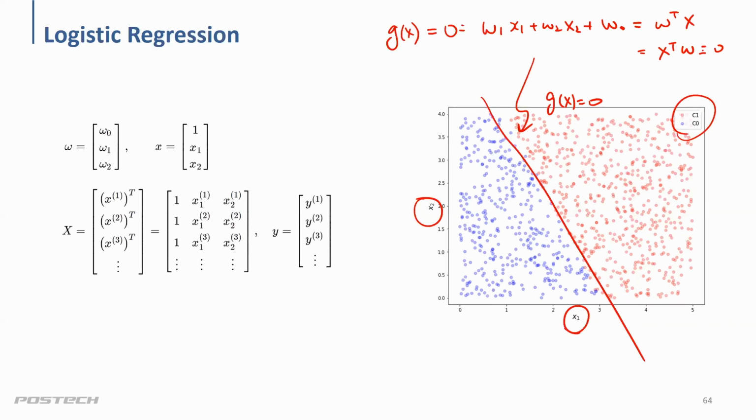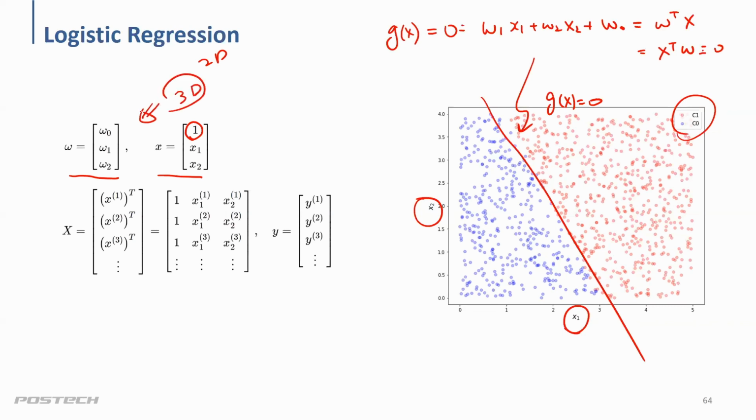I hope you remember this. This is kind of an artificial feature too. So I have three different omegas, and these are the input features. Here it looks like a 2D problem, but it is a 3D problem.